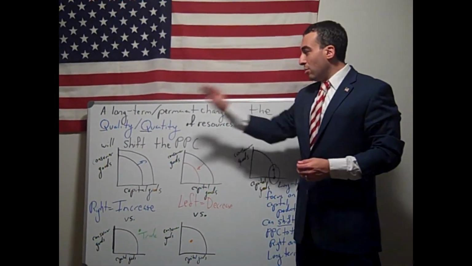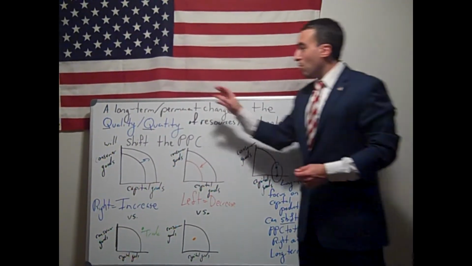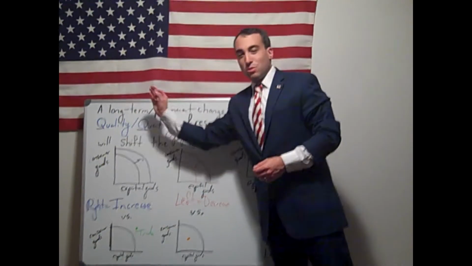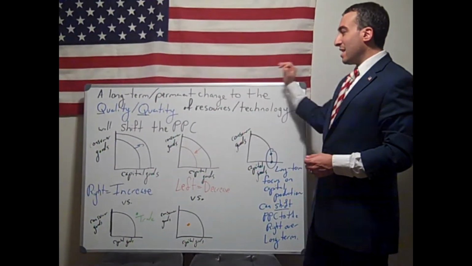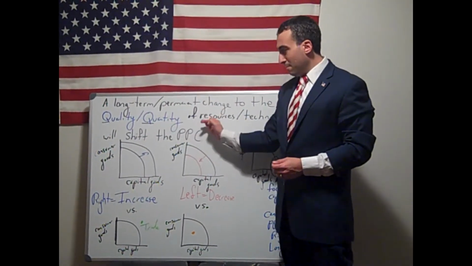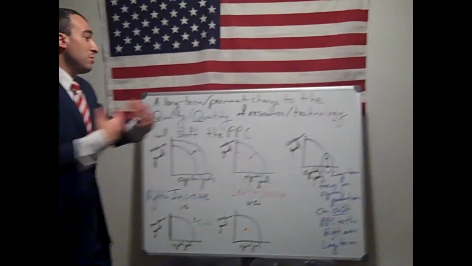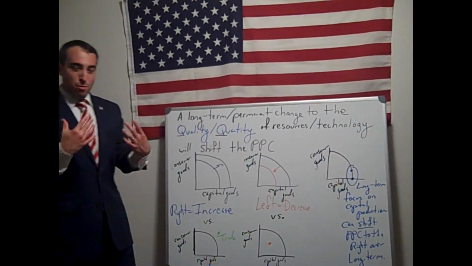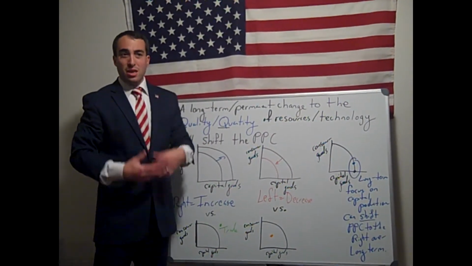A long-term permanent change to the quality or quantity, two Q's, of resources and technology will shift the PPC. So here we have a positive increase in either quality or quantity of resources or technology.